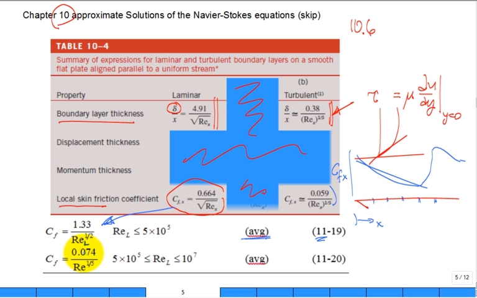It's the average from 0 to L. Okay. And then 0.664 multiplied by 2 is 1.33. Likewise, you can do the math and get the average for the turbulent. And so this table 10.4 in chapter 10 and these equations in chapter 11 tie in very nicely.